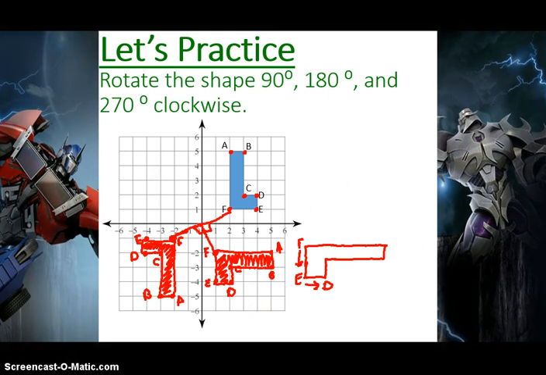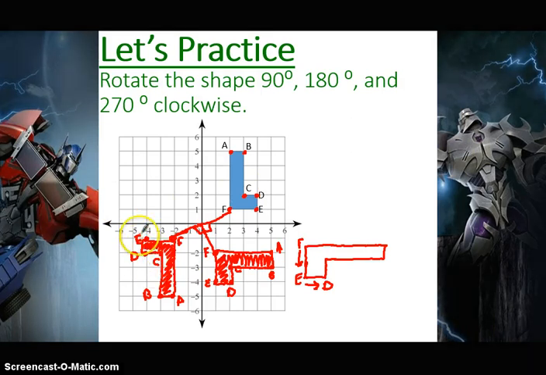Now if we rotate it again 90 degrees, we're going to see it turn 90 degrees from here. So if you envision turning this 90 degrees, our shape is going to look something like that. Now we know there will be another 90 degrees, so if you think about where 90 degrees would be, our first point, which would be F, would be here at 1, 2.